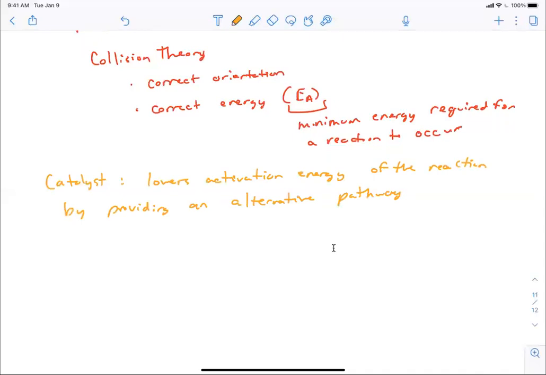So it does it by providing an alternative pathway. That's why the reaction diagram looks like this for a catalyst, as opposed to this as an uncatalyzed reaction, because it's providing alternative steps that make it easier for the reaction to occur by accomplishing the same task to reach the same conclusion.